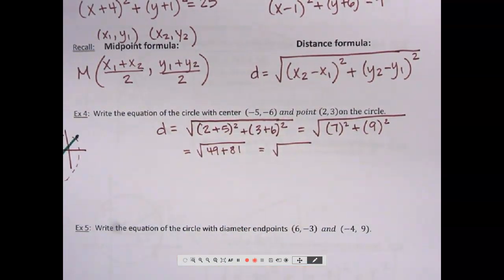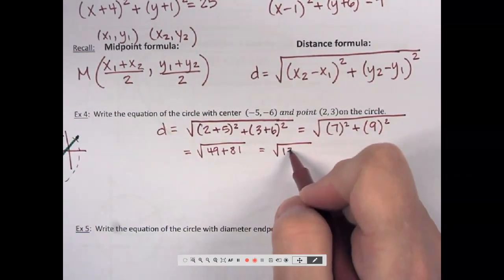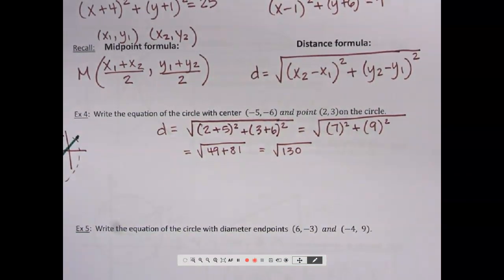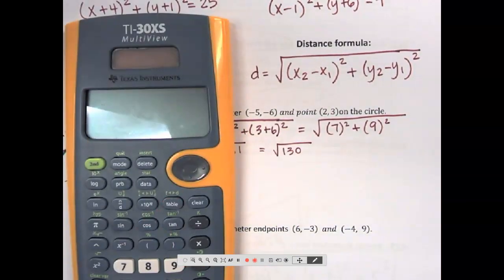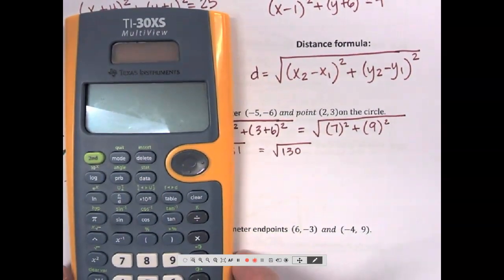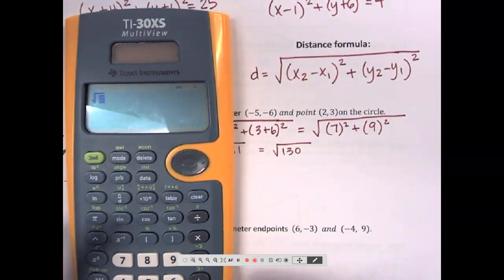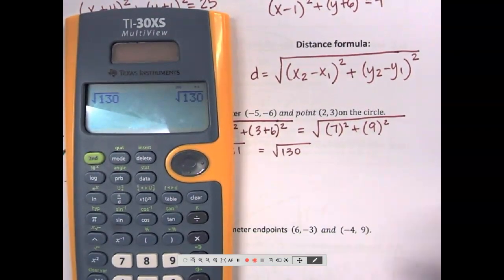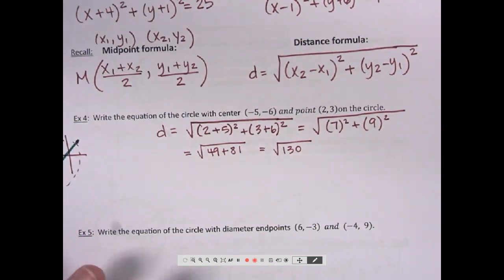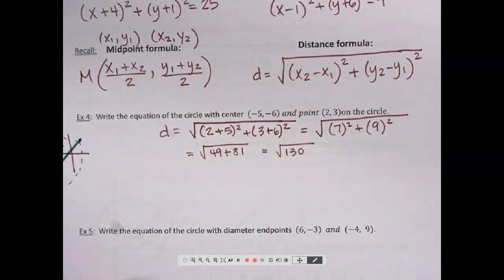What is 49 plus 81? 130. That is not a perfect square, is it? If you're not sure if it can be simplified, these little yellow calculators are amazing and they will help us. Graphing calculators are no use when it comes to that. Doesn't even simplify. Okay, so we're going to leave it square root 130.